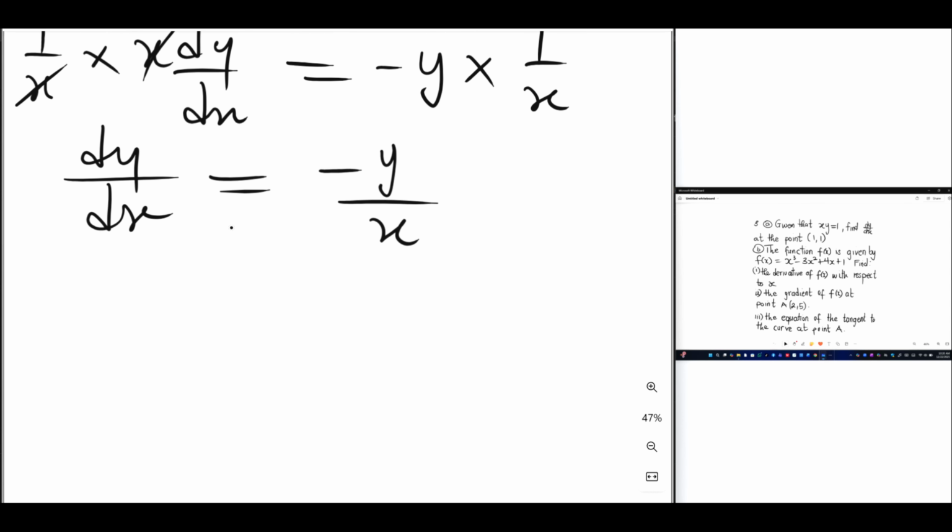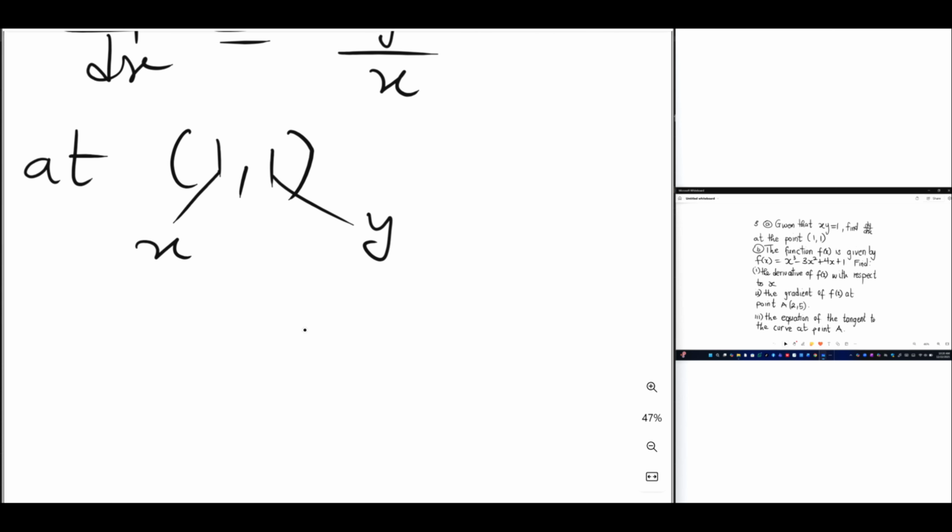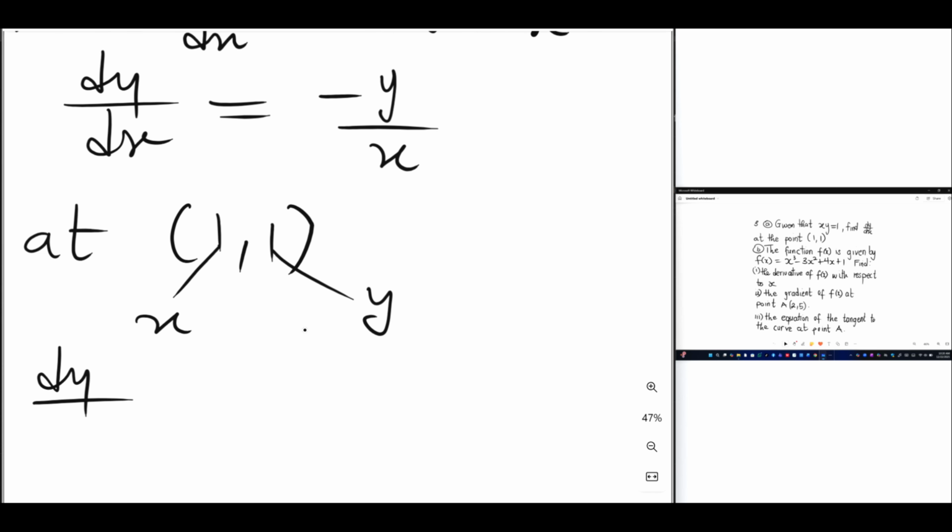And we have to find dy/dx at the point with coordinate (1, 1). So the first one is for x and the second one is for y. We just plug the values of x and y into the gradient function. Wherever you see y, you put the value of y, which is 1, but there is a negative over there, so negative 1 divided by x, and x is also 1.